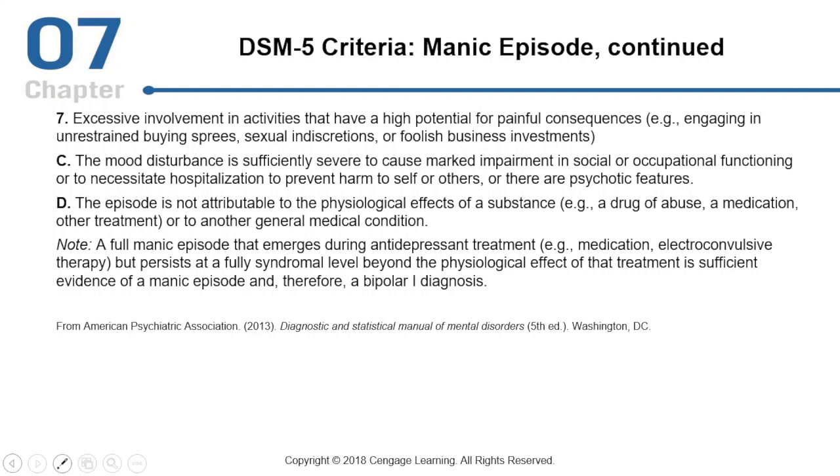Okay. So this one, I think I already mentioned in the previous slide. Pero just to reiterate, activities that have a high potential for painful consequences like unrestrained buying sprees, sexual indiscretion, or foolish business investments. So, actually, may ganyan kaming naging case. Nagkaroon ng mania yung asawa niya.